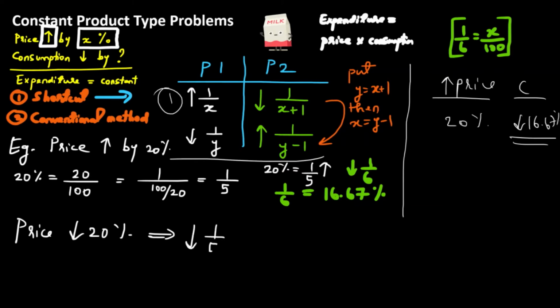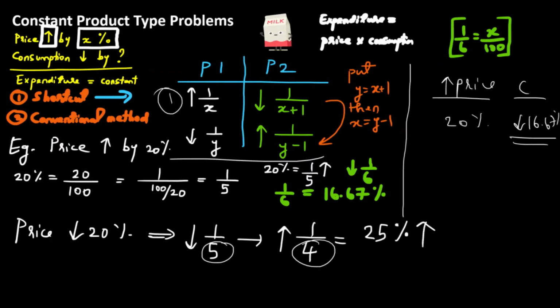Now if there is a decrease in 1 by 5, you need to have an increase of 1 by 4, right? So over here, remember, wherever is the decrease, the denominator will be the highest. Because there is an increase, I have to put a lower denominator. So that's 5 minus 1, which is 4. So if there is a decrease by 1 by 5, then there can be an increase by 1 by 4, and 1 by 4 is equal to 25%.